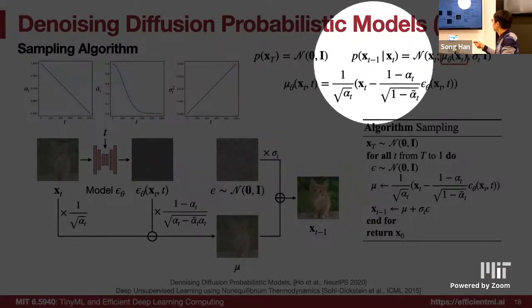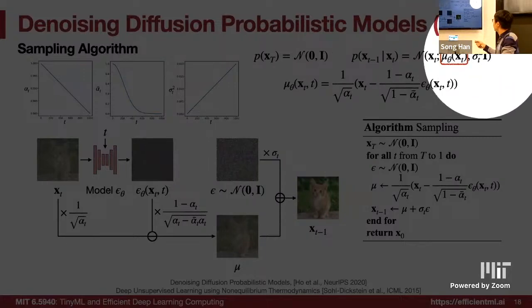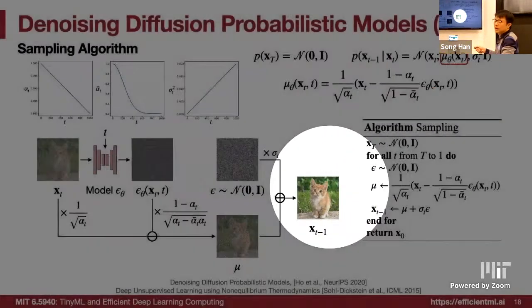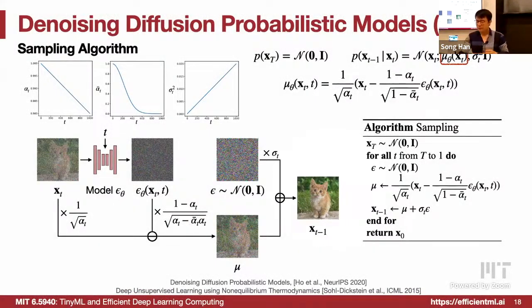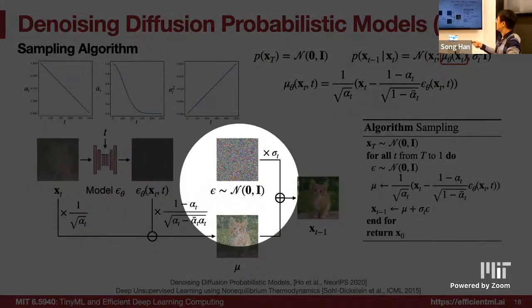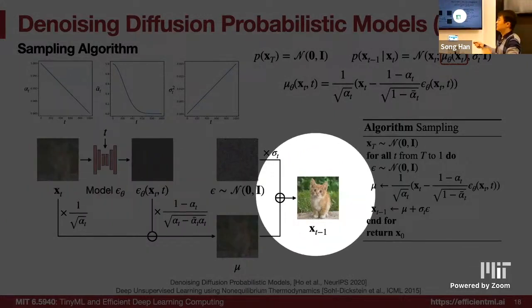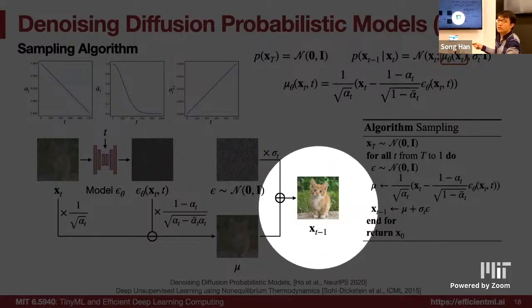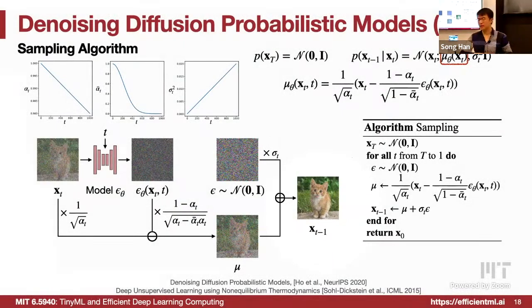Since xt minus 1 has this mean and this variance, we have to add back this noise to get a denoised image. So that is just one step of denoising from a noisy image to a cleaner image. Then we can repeat this process to get xt minus 2, xt minus 3, all the way to x0. That's the entire denoising process.